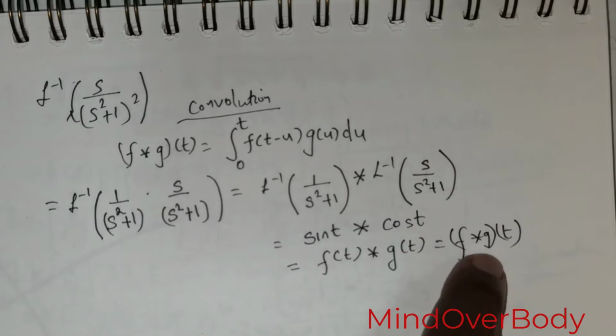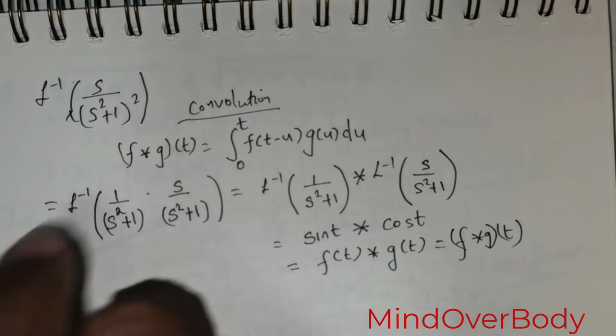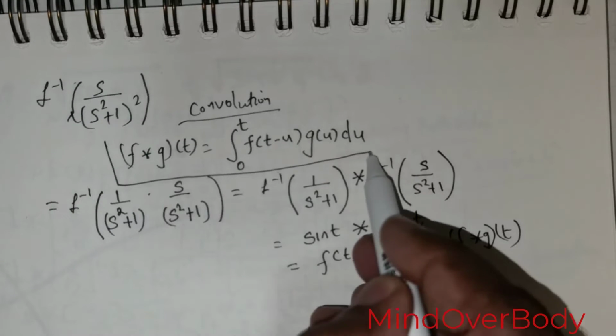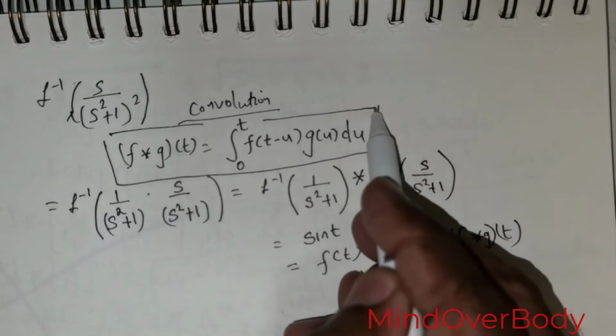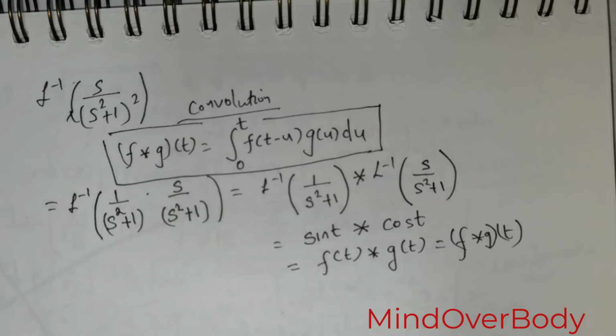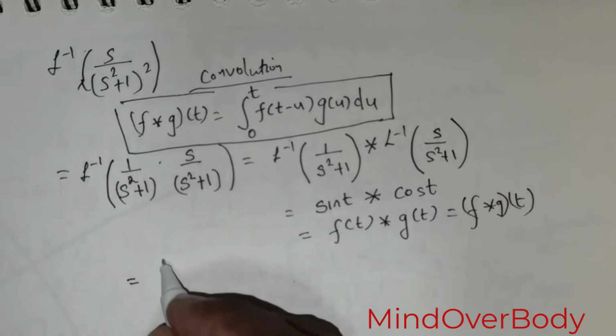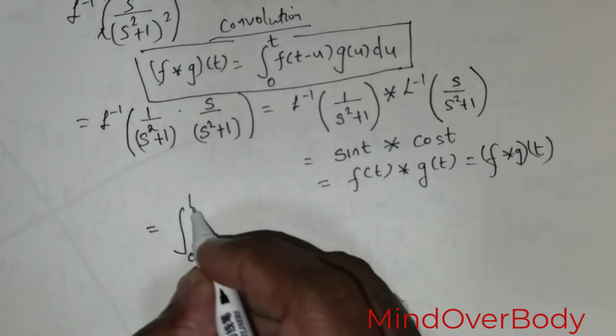Now we have to use the technique of convolution on this particular function. So that's exactly what we are going to do now. Using this formula, I can rewrite this as the integral from 0 to t.